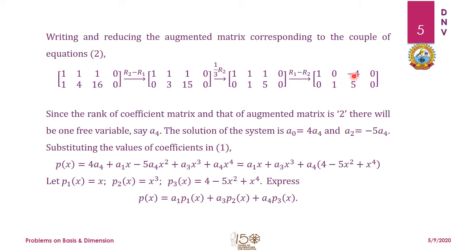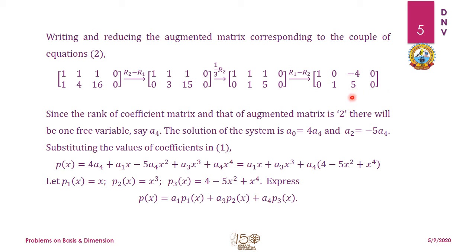Now here we can see that the rank of the coefficient matrix of these three elements is 2, and the rank of the augmented matrix and this coefficient matrix are the same, equal to 2, and hence there will be one free variable because we have 3 unknowns and rank equal to 2.